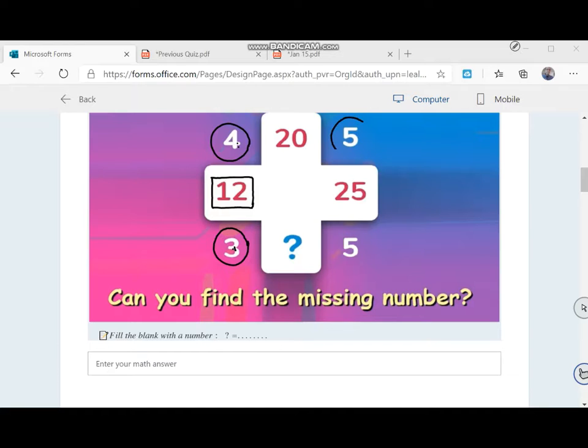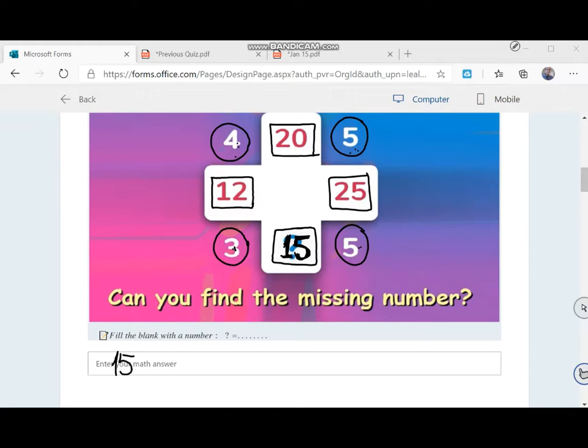Now 4 and 5, 4 times 5 is 20. That means 4 and 5 are both factors of 20. 5 and 5, same thing. 5 times 5, 25. So the number that best fits, because it brings connection, it makes sense, is 15. Yes, of course, 3 times 5, 15. And you all got the right answer. 15 is the right answer.